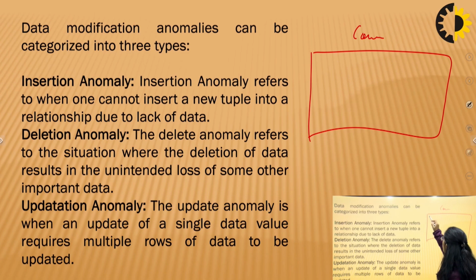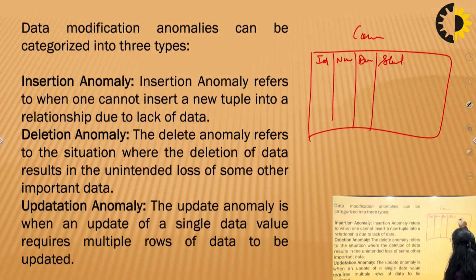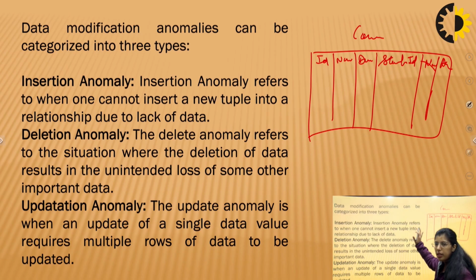Then in this course table, we have ID, course name, duration, student ID, who are all the students that will be choosing this particular subject, and student name, age, etc. Suppose we have all these in a particular table.